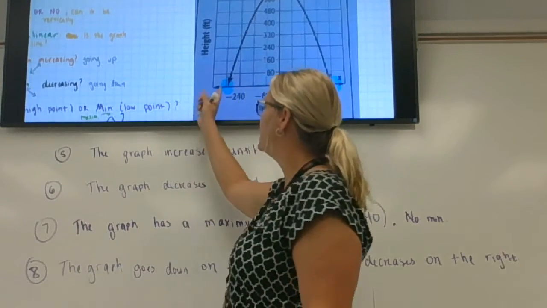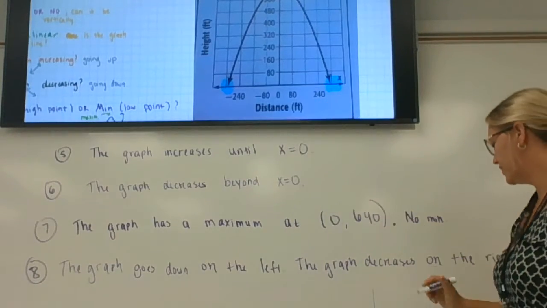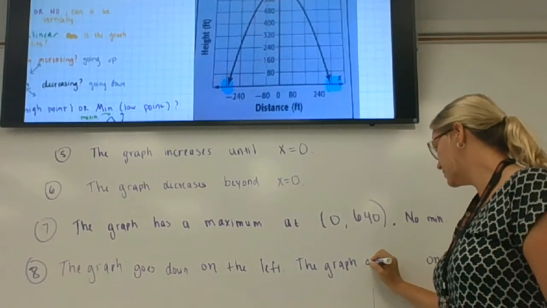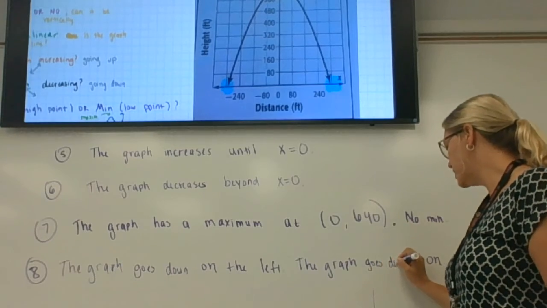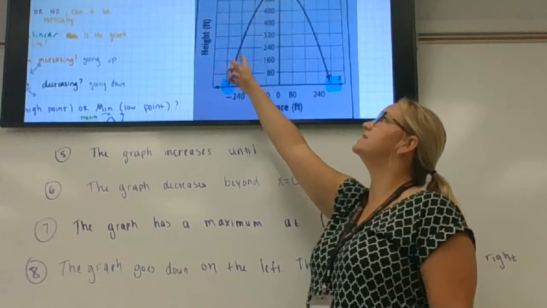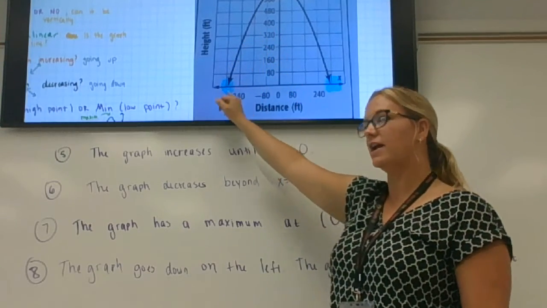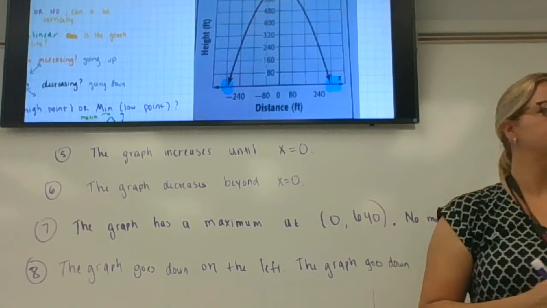Do you agree with that arrow going down? And on the right, the graph goes down. We're not talking about the line. This is confusing because I just got done saying it's increasing over here, didn't I? But on the far left, that arrow is going down.